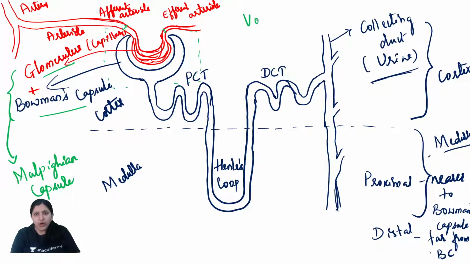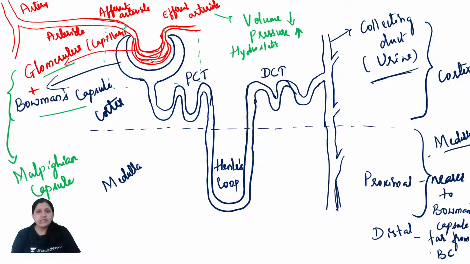When the volume decreases, the pressure is increasing, so a higher hydrostatic pressure is developed. Pressure here is basically hydrostatic pressure, mainly with respect to the liquid which is getting filtered.